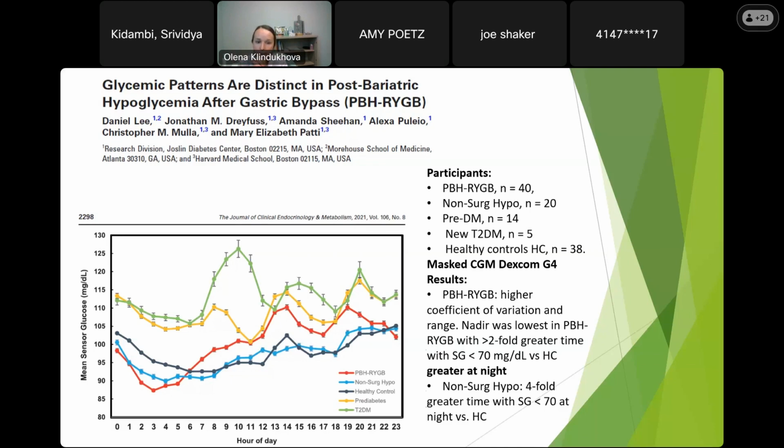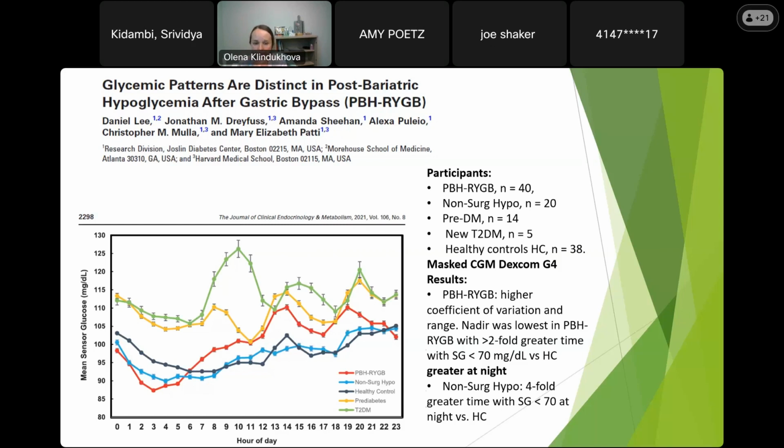Their conclusion was that post-bariatric patients had highest glycemic variability, and lowest blood glucose level was twice higher compared to control. The most important piece of information that I got for myself from this slide is that the majority of those hypoglycemic events below 70 occurred at night.